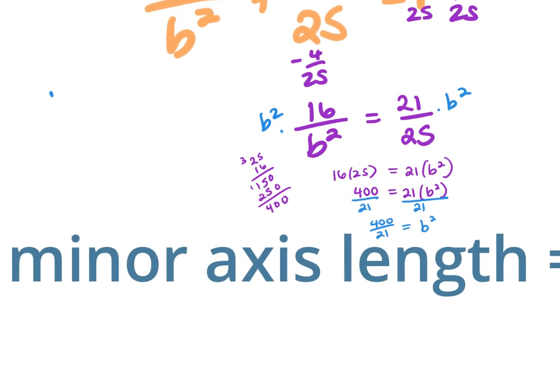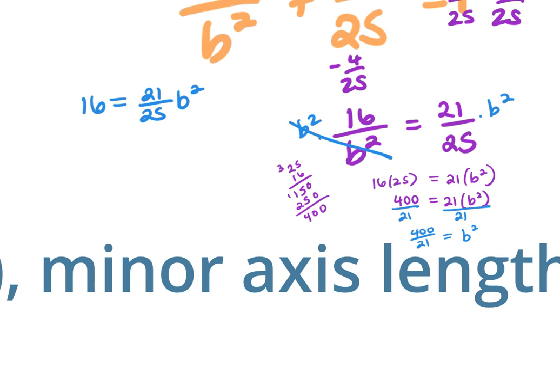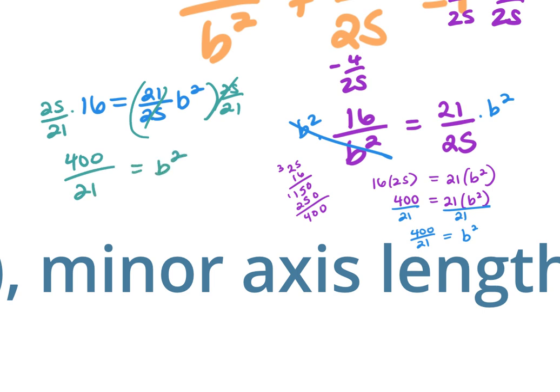And I'd get 16 equals, because this would be gone, 21 over 25 times b squared. And then to get rid of the 21 over 25, I'd multiply by the reciprocal. And it's the same number, 400 over 21 equals b squared. So I think the numbers there are ugly, but the process is what you should know.